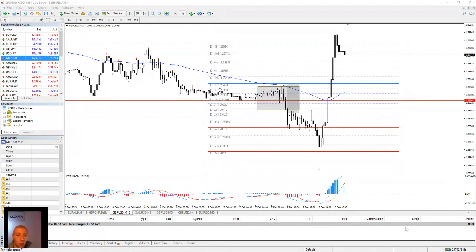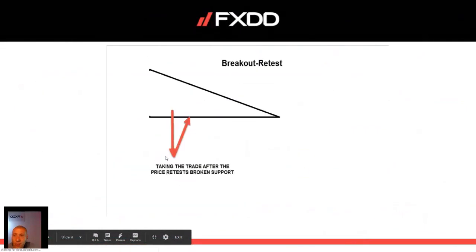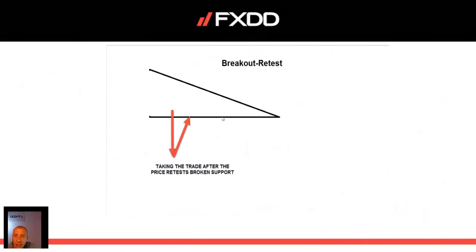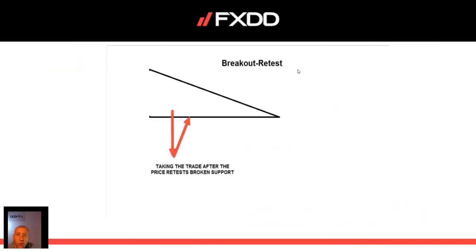I will open the slide once more so you will be able to see it. So again, guys, three types of breakout trading: trigger happy trade, breakout retest, and breakout pullback continuation. Breakout pullback continuation is usually the best for swing traders, but you can also do breakout retest on, let's say, the 1 hour time frame. It's usually the best.